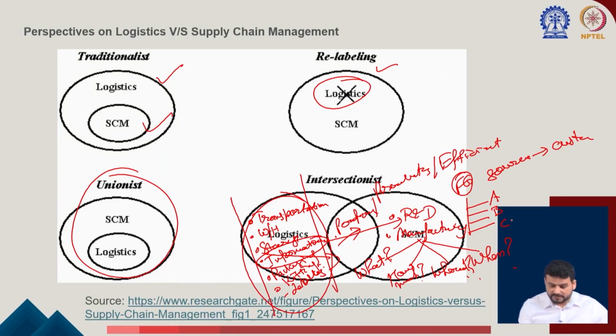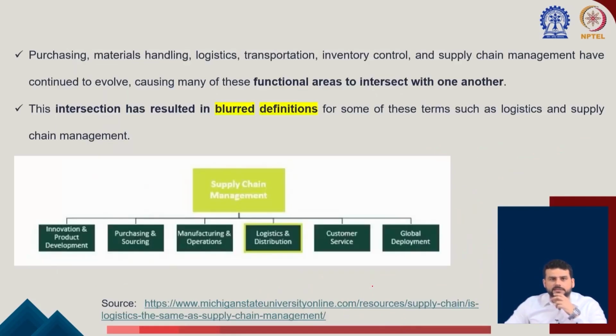And obviously the return supply chains are also part of these two, if we are focusing on that part, right? Returns coming from the market. So you can see here what the different functional areas related to logistics and supply chain management are. Over time, many people are realizing that the boundaries are blurred now.